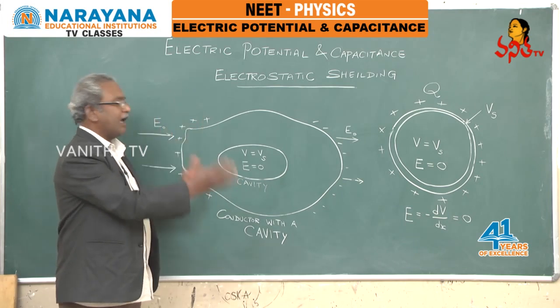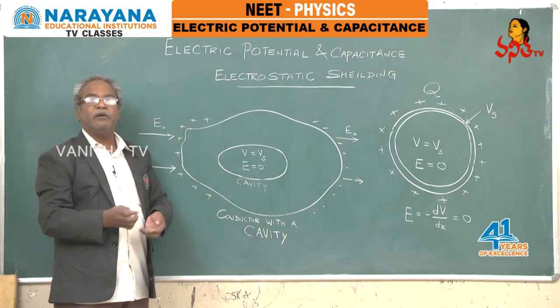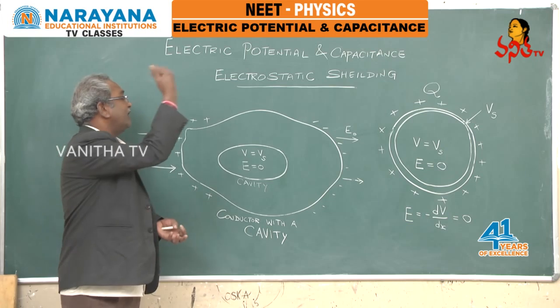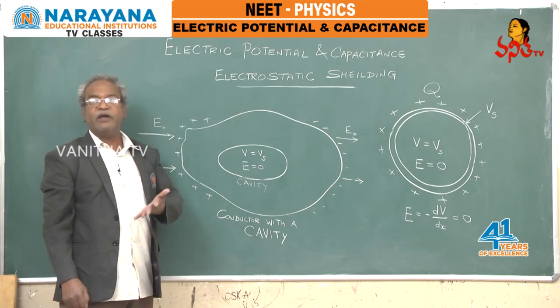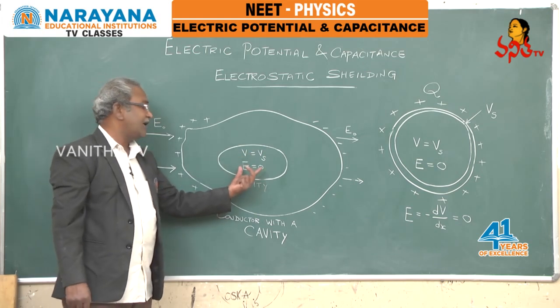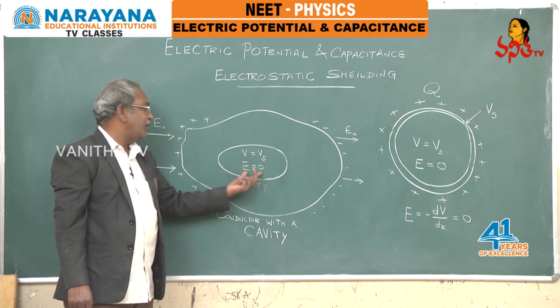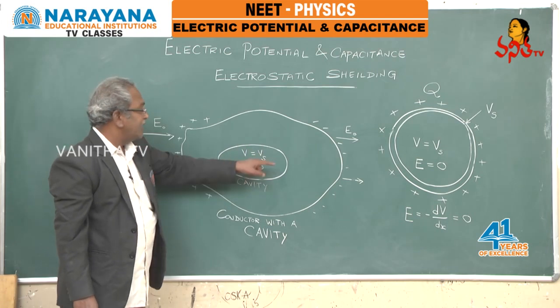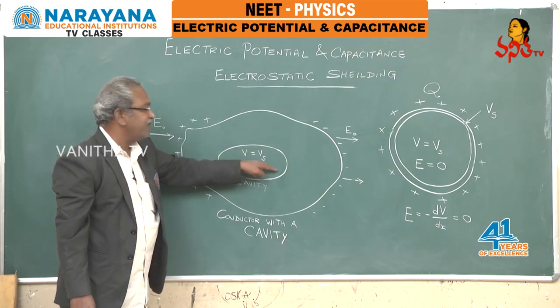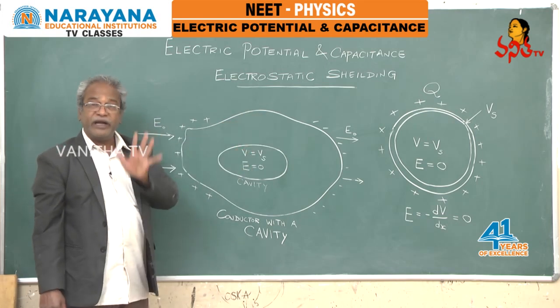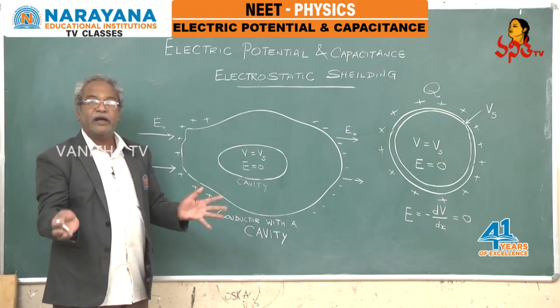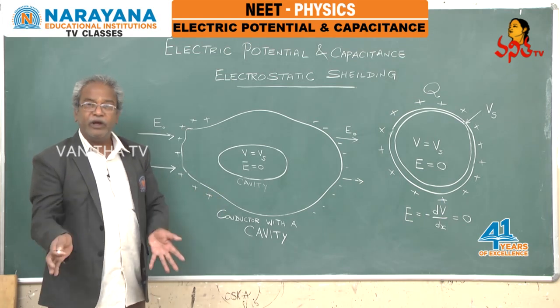Whatever the outside electric intensity, electric field, or electric influence may be, at every point inside the cavity, electric intensity will not be there, V equal to Vs. Therefore, this entire space of the cavity will be protected from outside external influences.